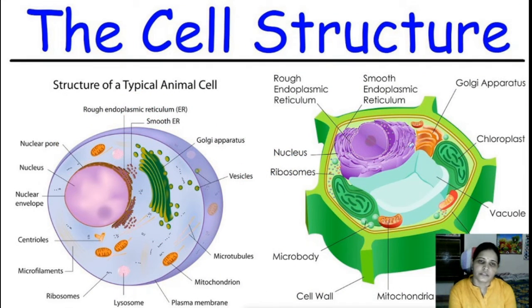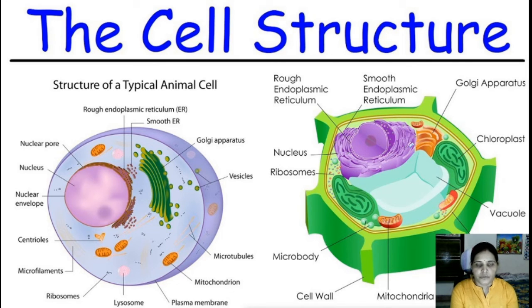In this slide you can see, as I have already discussed earlier, that only bacteria and blue-green algae have prokaryotic type of cell, and all other organisms except these two have eukaryotic type of cells, either animals or plants. So here you can see both types of cells. First one is the structure of a typical animal cell, and the other one is the structure of a plant cell.